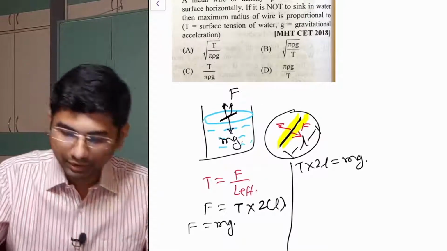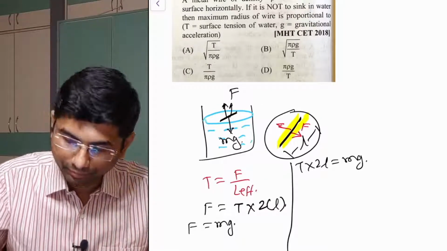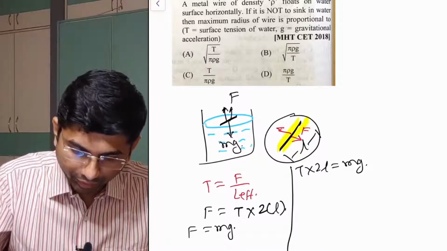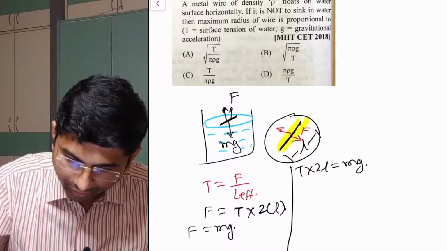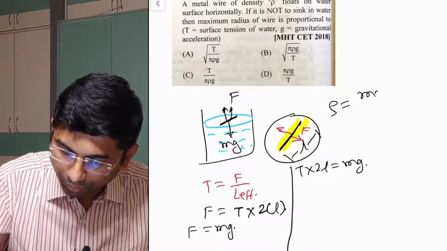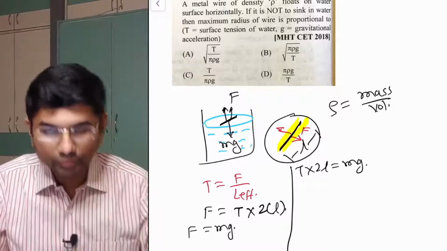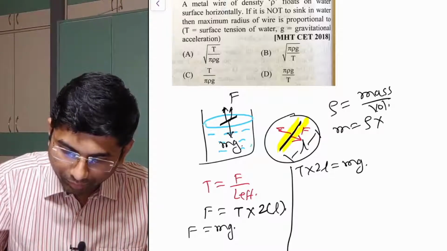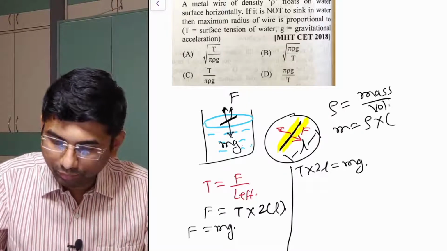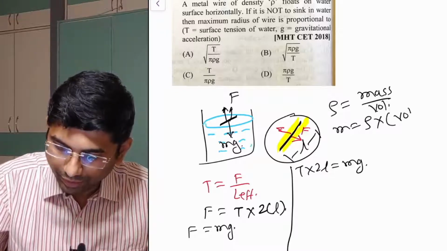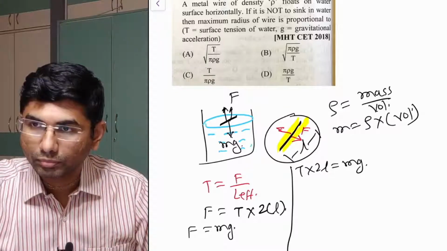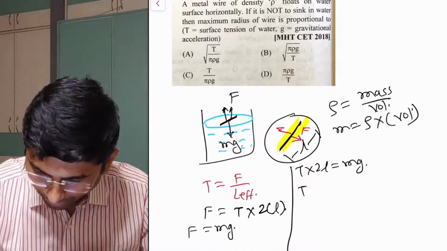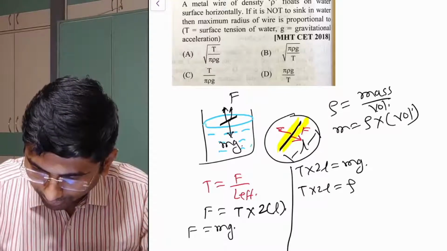Density is being given, so density can be written as rho is equal to mass upon volume, and mass is equal to rho into volume. Now I'll replace it here: T into 2L is equal to density into volume.